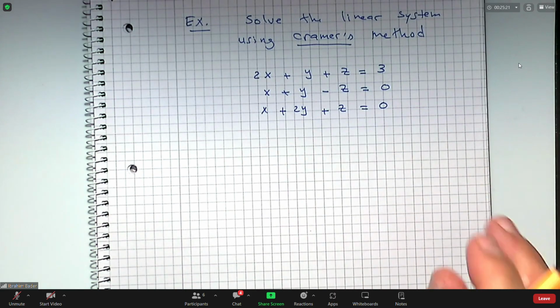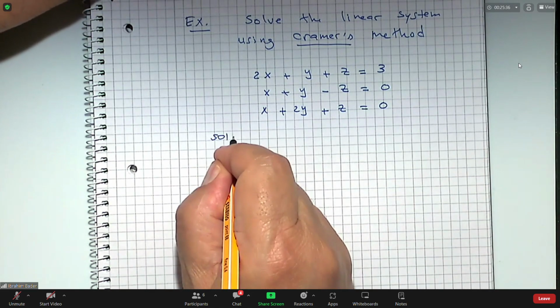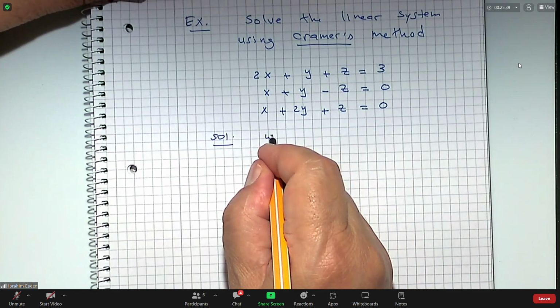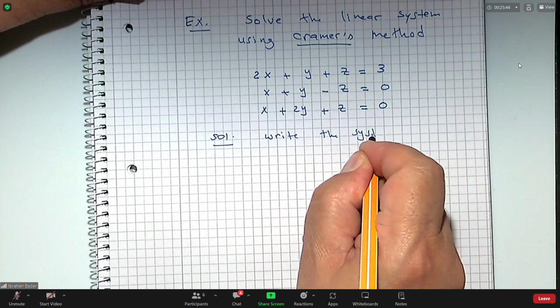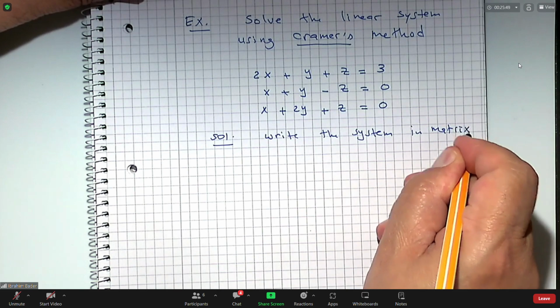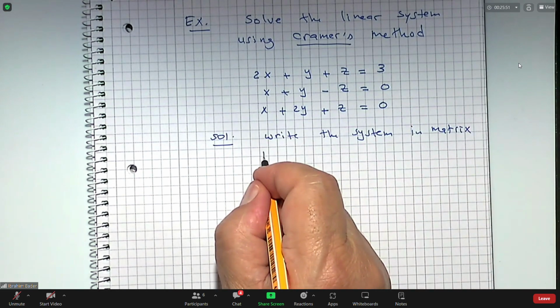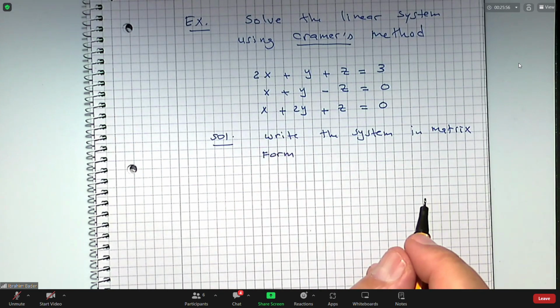Okay, so first step here, we need to try to get this system in the so-called matrix form. So first step, you write the system in matrix form, and usually in the exam I give points to this, and not only is it recommended.